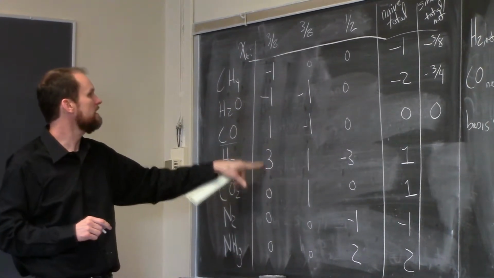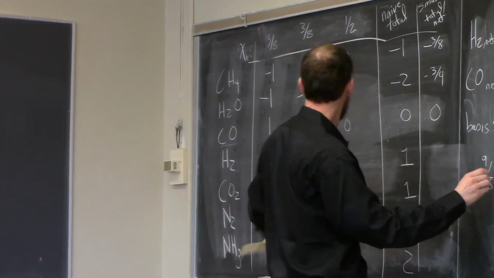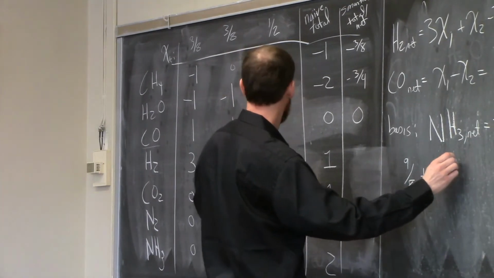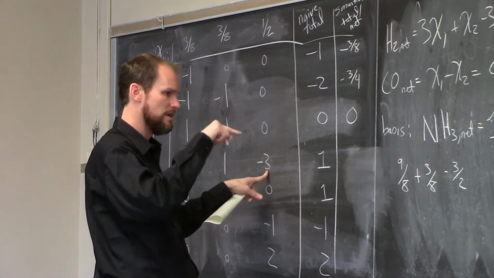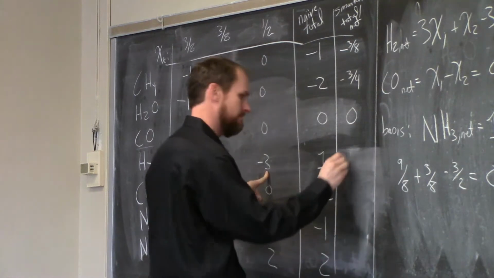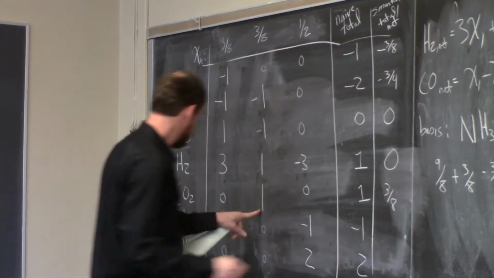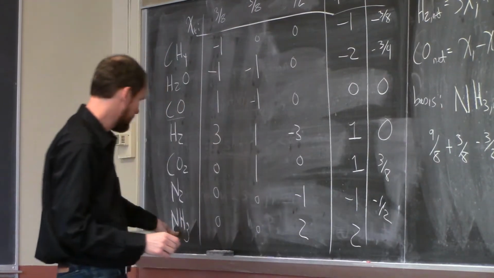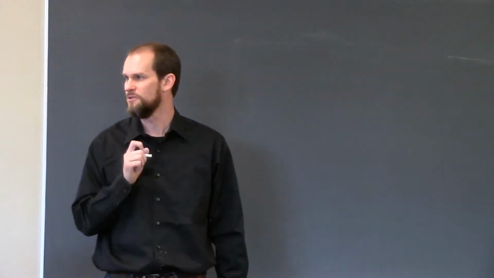H2, 3 times 3/8, 9/8, plus 3/8 minus 3/2. Well, it should be 0. CO2, 3/8 there, and 2 minus 1/2. Going fast now. NH3, 2 times 1/2 is 1. Any questions? Did I make any mistakes? I usually do.